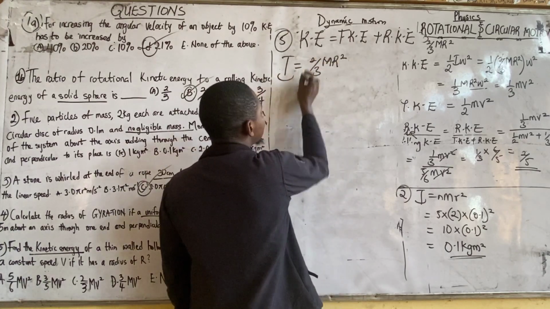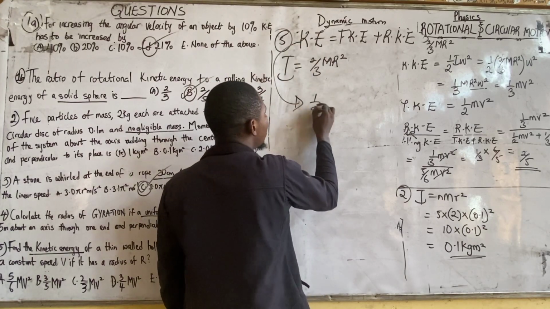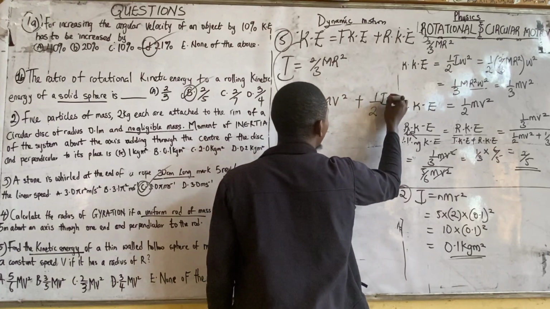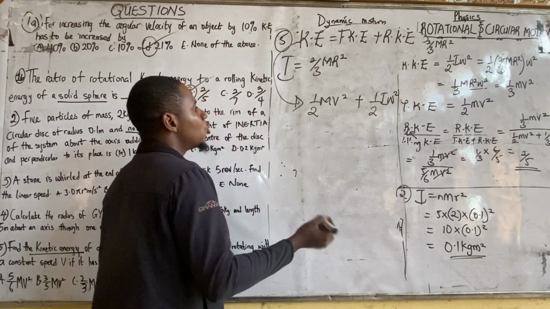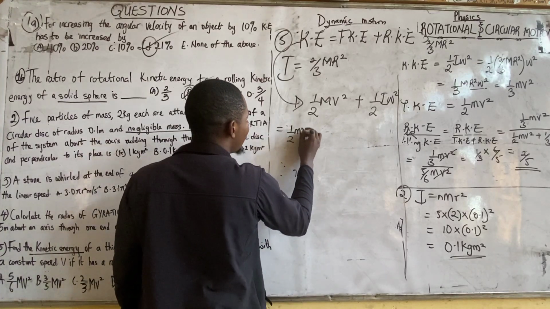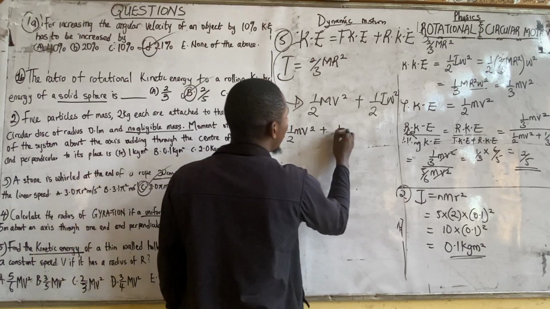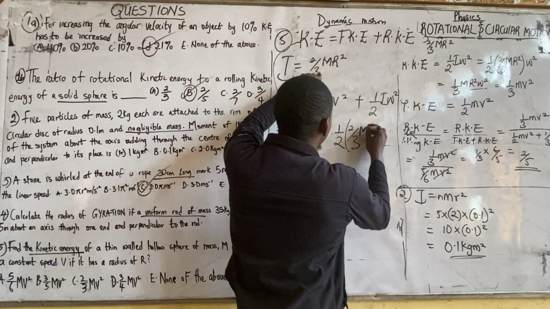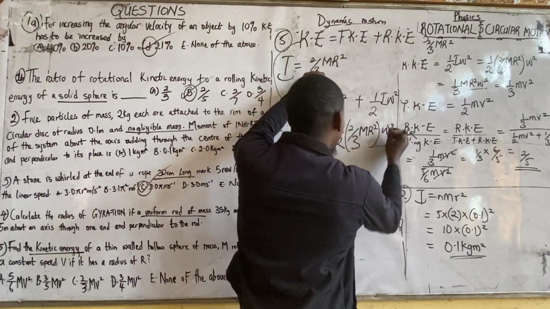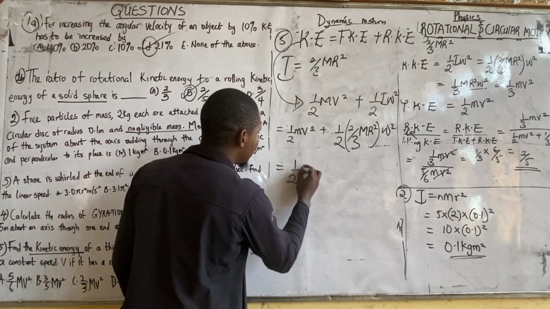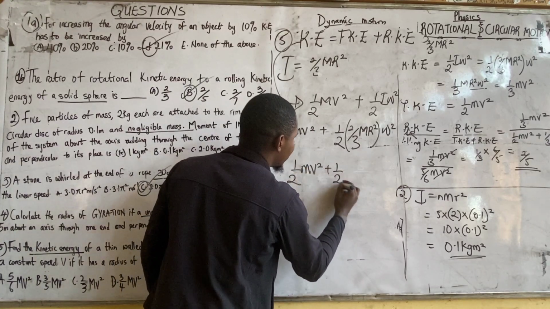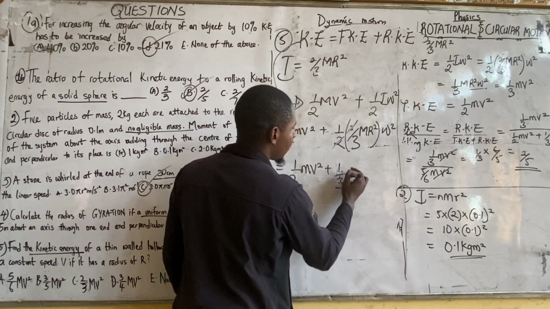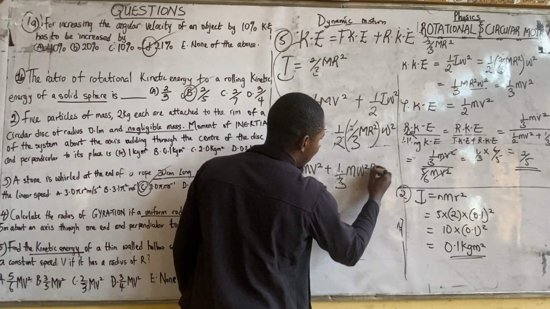Good. And the translational kinetic energy is 1/2 mv squared, plus the rotational kinetic energy, 1/2 I omega squared, right? So we have 1/2 mv squared plus 1/2, times the moment of inertia of the sphere, 2/3 mr squared, times omega squared. Coming down, we have 1/2 mv squared plus 1/3 m omega squared r squared.